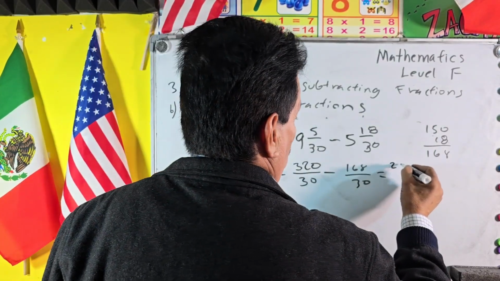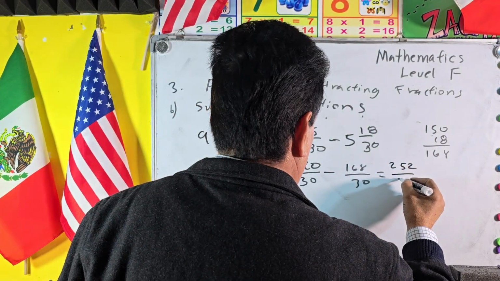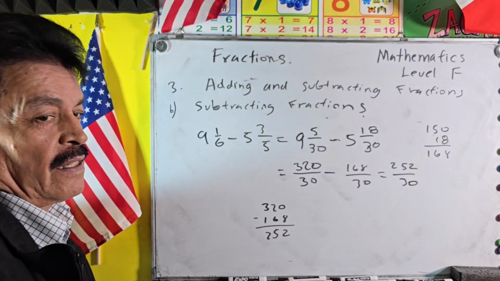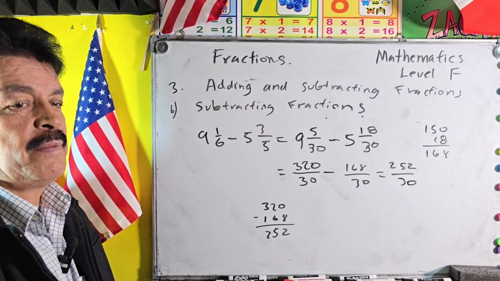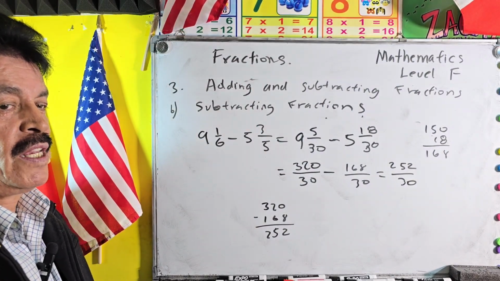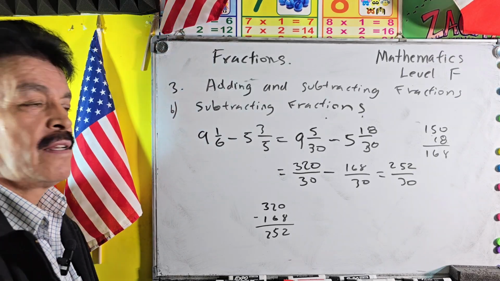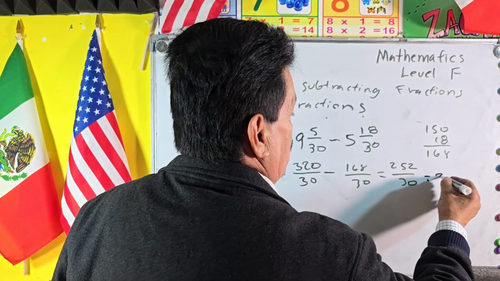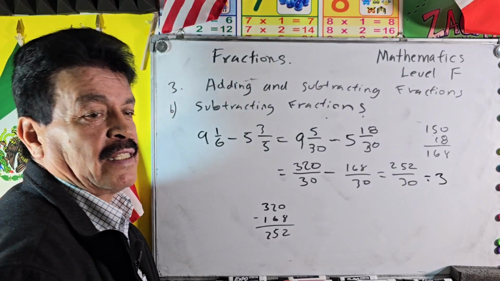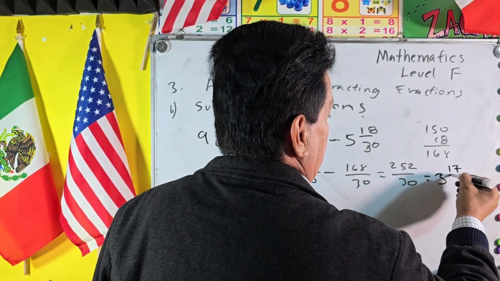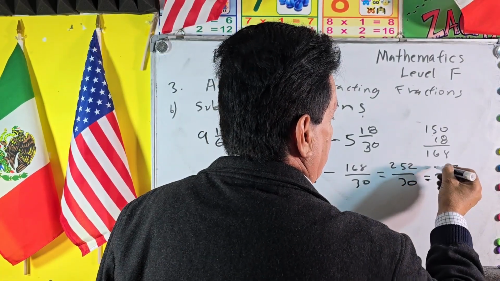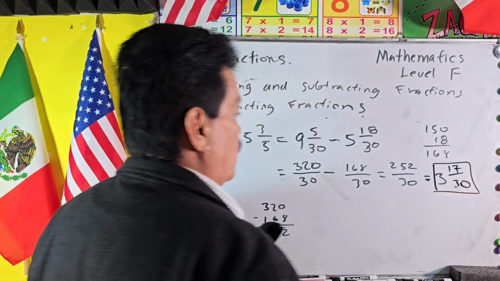252 is 252 thirtieths. When you simplify, it must equal 3 whole numbers and 17 thirtieths, right?